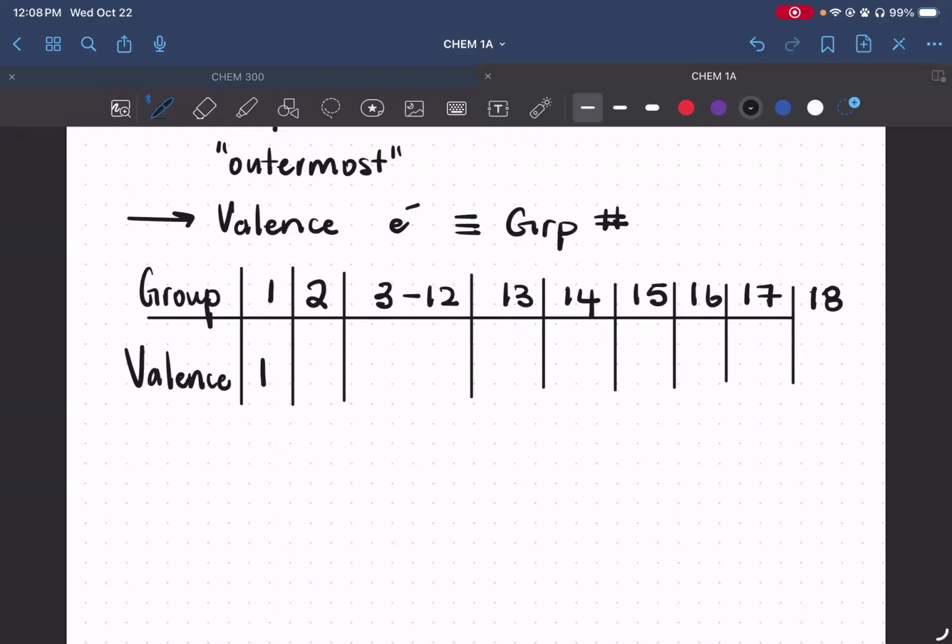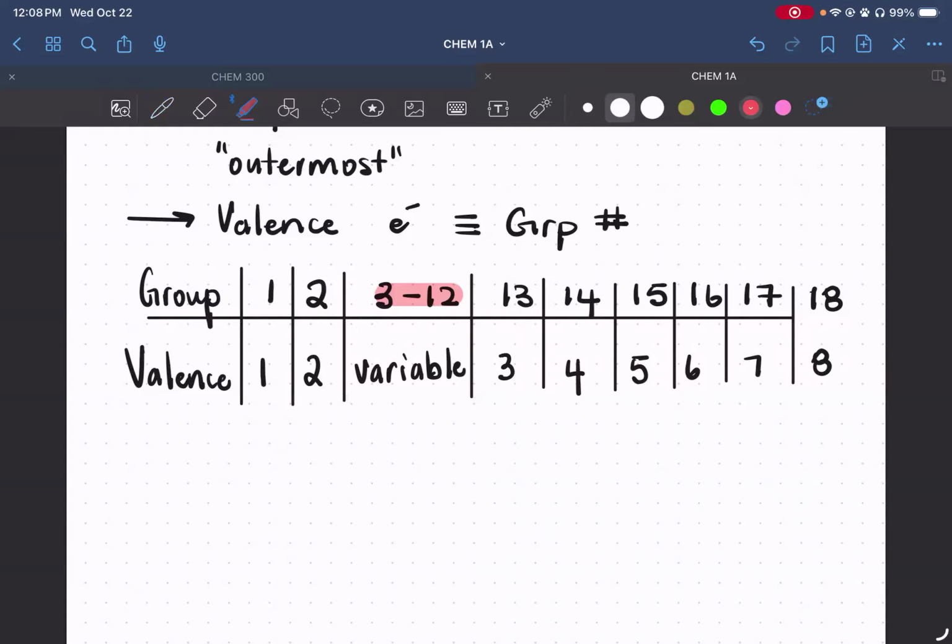Group 1 has 1 valence electron. Group 2 has 2 valence electrons. Groups 3 to 12, if we remember, are the transition metals, so they have a variable number of valence electrons. Remember, that's what gives rise to us not knowing for sure how many electrons or what the charge of a transition metal is. Group 13 has 3 valence electrons, 14 has 4, 15 has 5, 6, 7, 8.